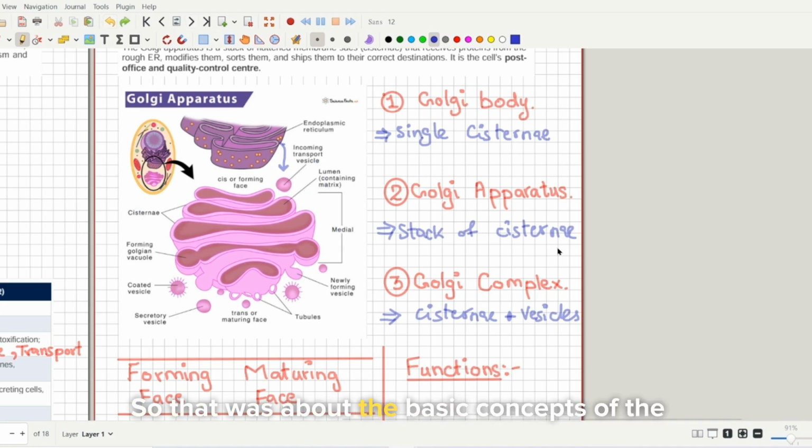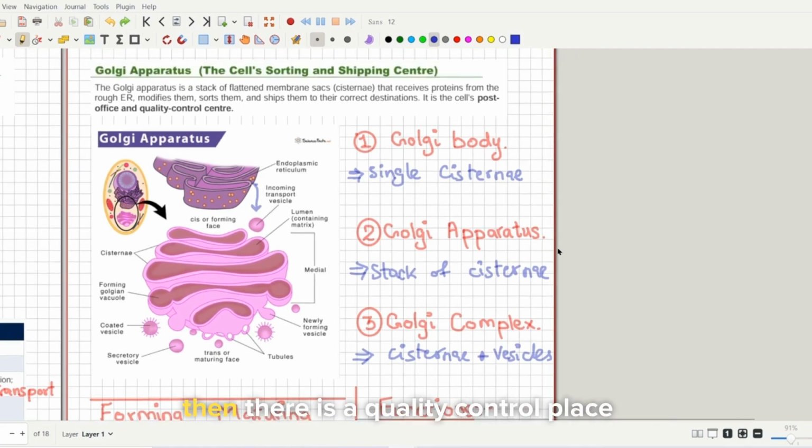So that was about the basic concepts of the Golgi apparatus. It is kind of a post quality control center, just like in a factory or a mill, where there is a quality control place that checks whether the product going from one place to another is worth delivering or not.